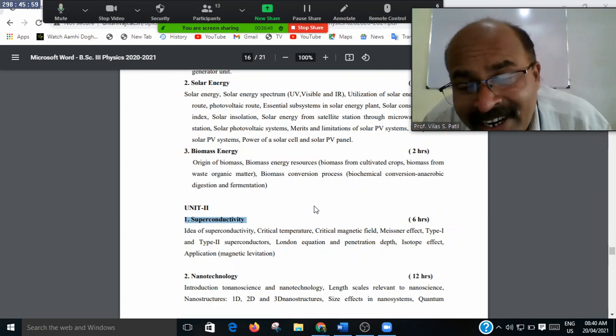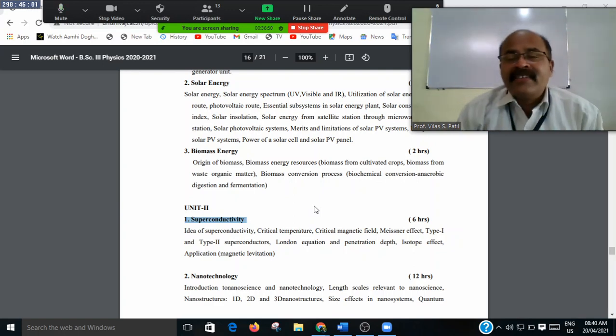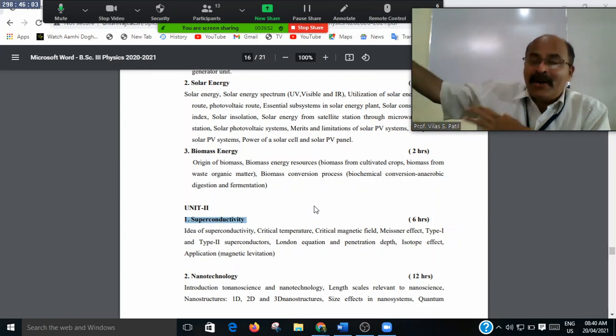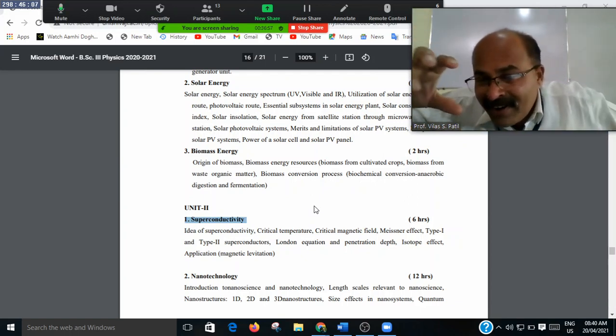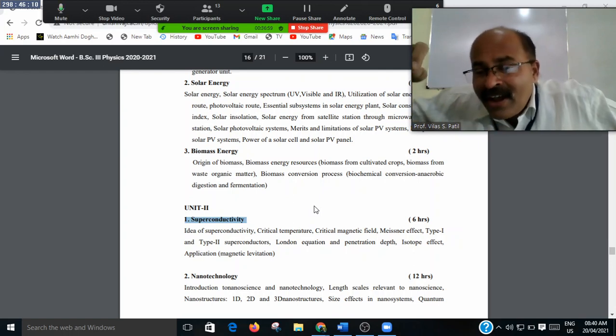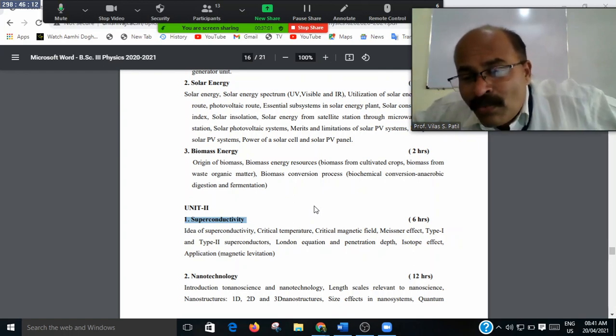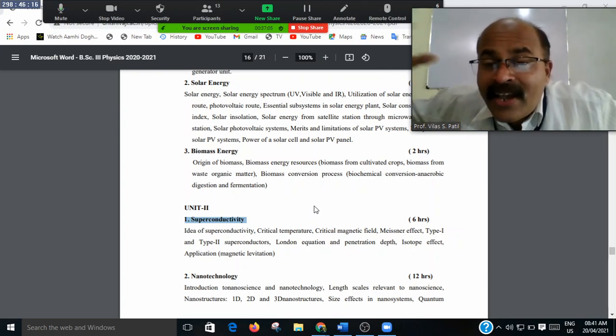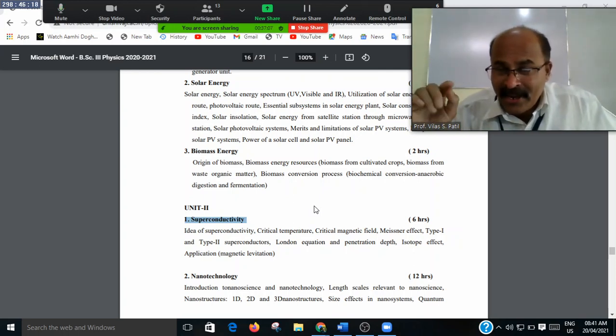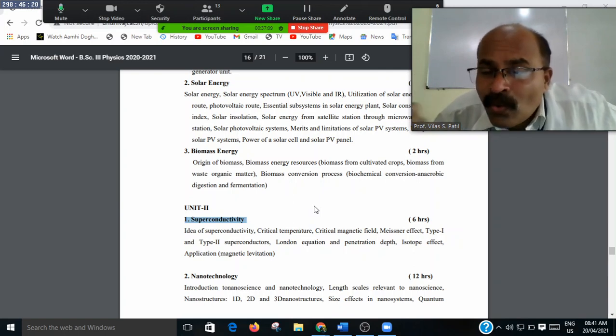It means its resistance disappears. Its resistance, which was measurable at room temperature, at 4.2 degree Kelvin disappears. Its resistance becomes zero.